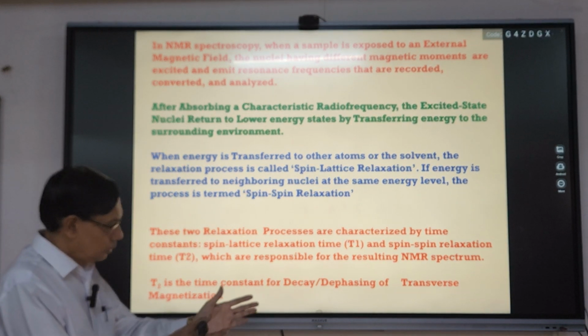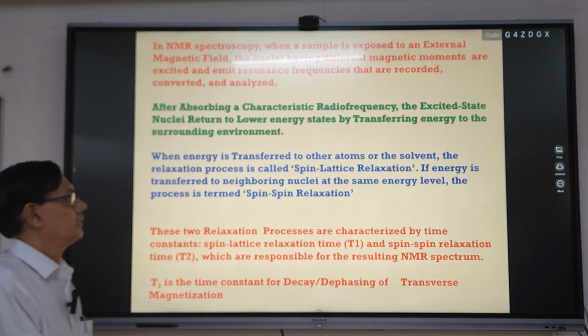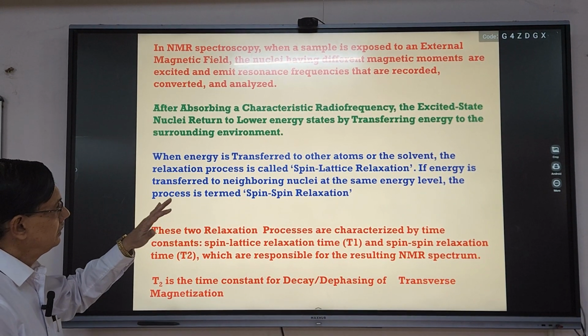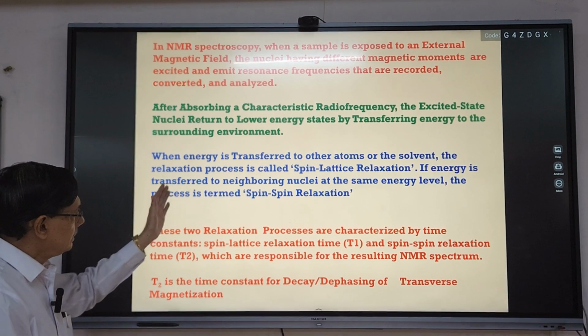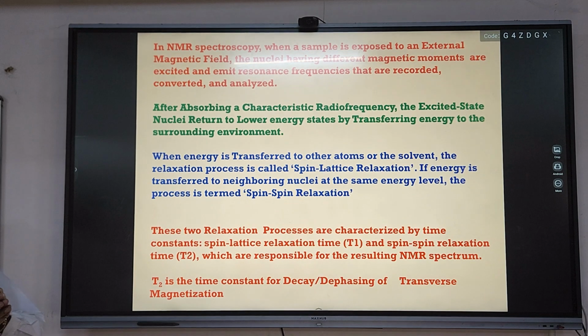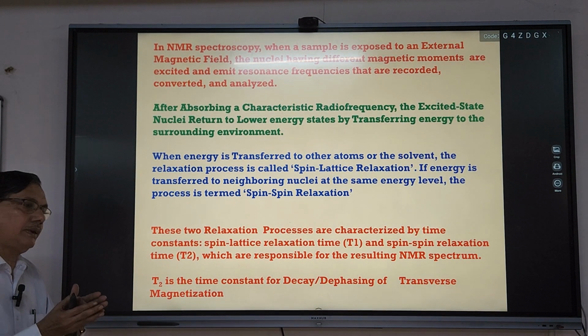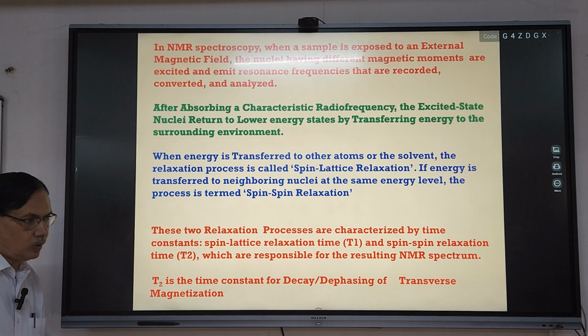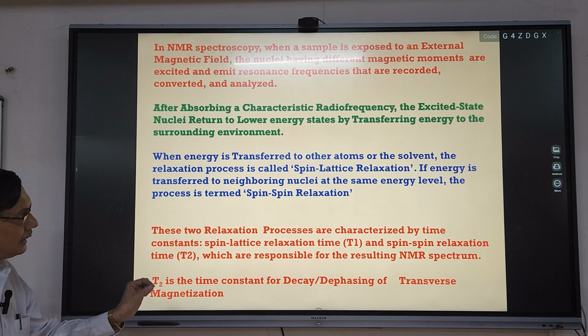There are two types of process. One, where energy is transferred to other atoms or the solvent or the surrounding environment. That type of relaxation process is called spin lattice relaxation.